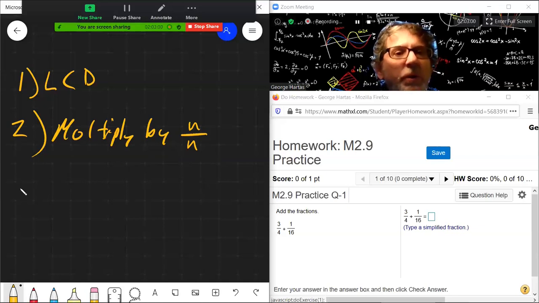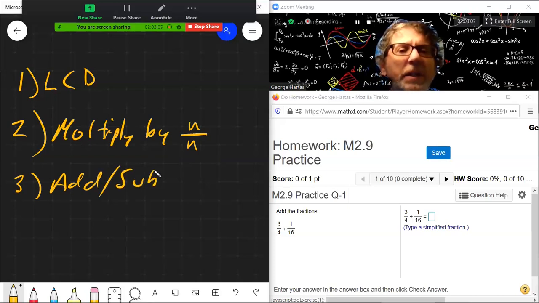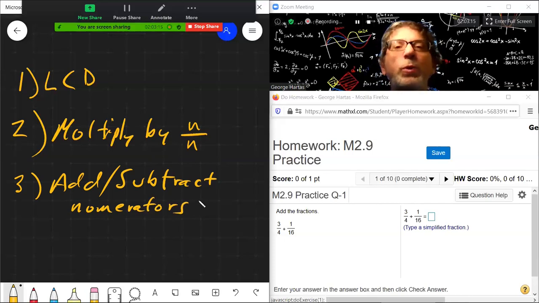Okay, so after we do that, then we add or subtract the numerators only. We do not add or subtract denominators, and I explained that in a previous video. The denominators stay the same, but the numerators we add or subtract depending on what the problem involves.